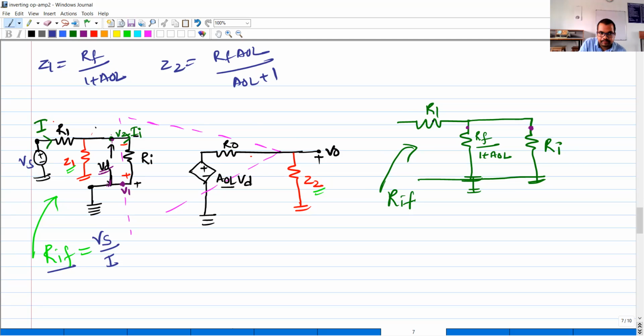R1 is in series with this Z1 value, which is connected in parallel with Ri. Now, what is the total resistance RIF? The total resistance RIF is equal to R1 in series with RF by 1 plus AOL parallel with Ri.